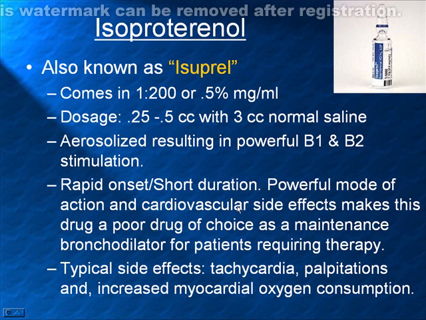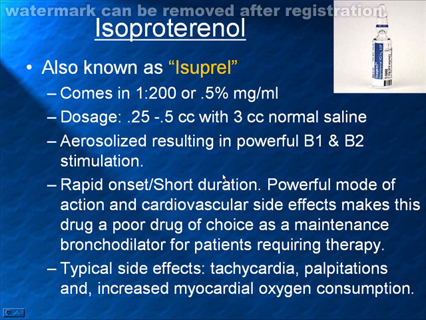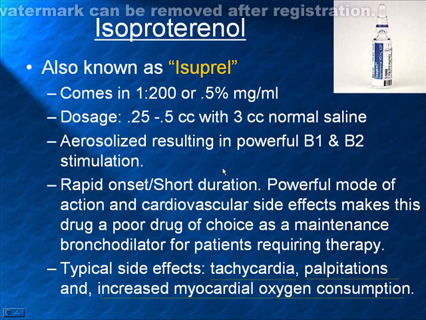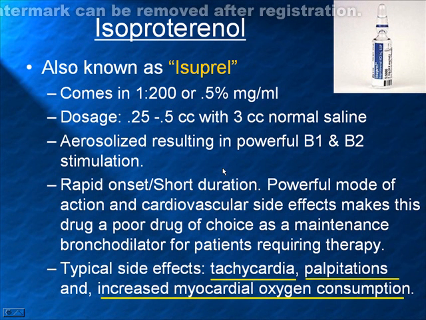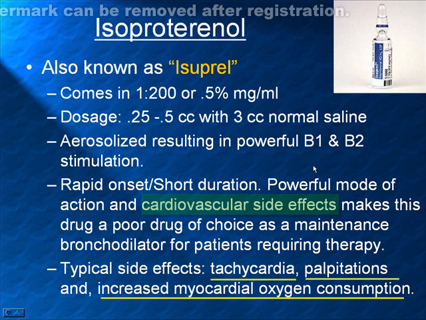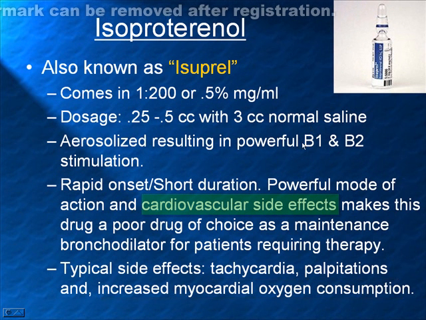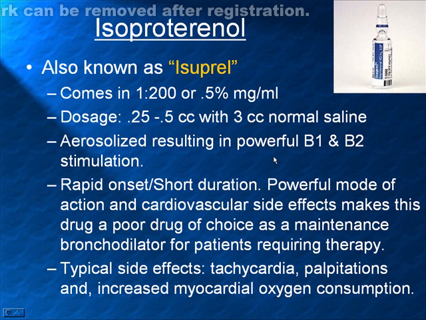Isoproterenol is typically not used today to cause bronchodilation as a therapeutic modality, primarily because of the powerful beta 1 stimulation, and the adverse cardiovascular side effects make this a very poor drug of choice as a maintenance bronchodilator. Typical effects such as tachycardia, palpitations, and increased myocardial oxygen consumption are all associated with this drug.